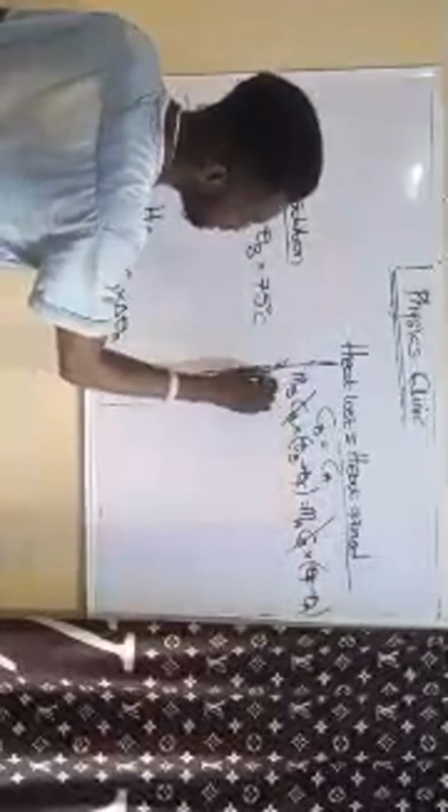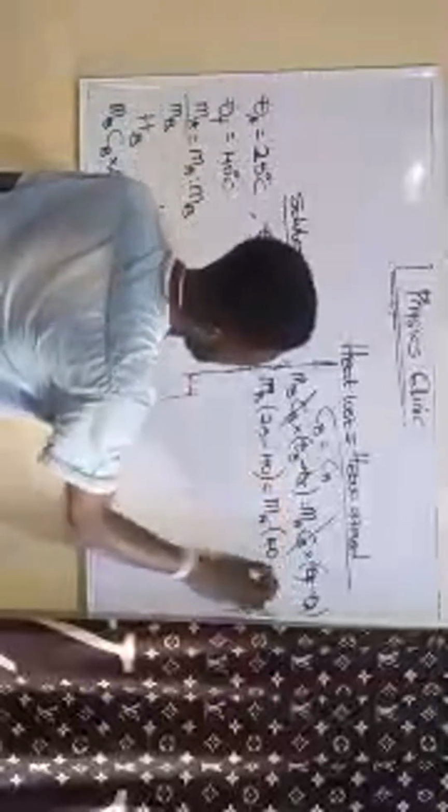Now let's slot in our values. We cancel CB. So I'm going to get MB into bracket, theta B is 75 minus theta F is 40, equal to MA, theta F is 40 minus theta A is 25. 75 minus 40 should give me 35.